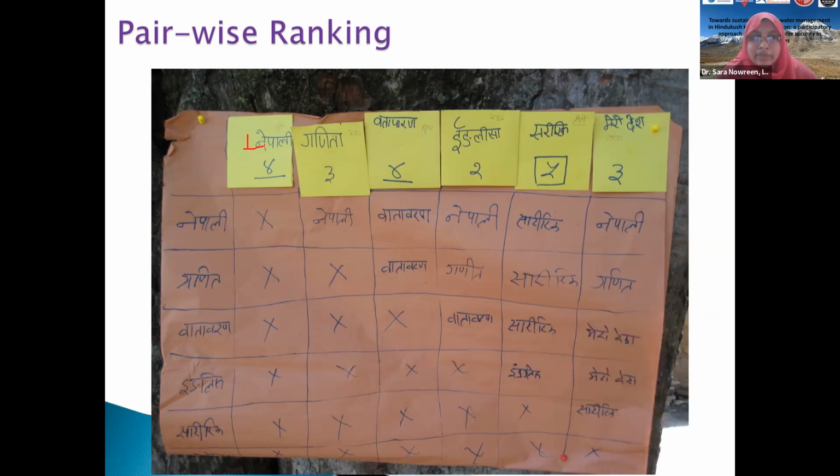This is the first driver, this is the second driver, this is the third driver, and so on up to 6, as you pointed out during the past exercise. You cannot compare 1 with 1, so that's why these are crossed.